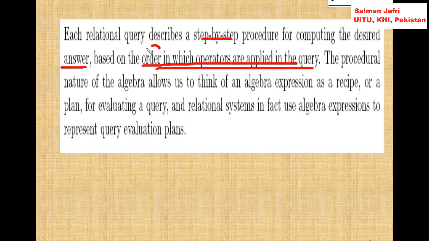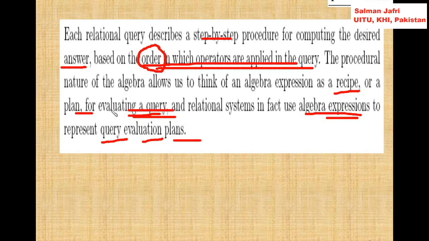So the order of application of the operators is important to the answer. The procedural nature of the algebra allows us to think of an algebra expression as a recipe or a plan for evaluating a query, and relational systems use algebra expressions to represent query evaluation plans.